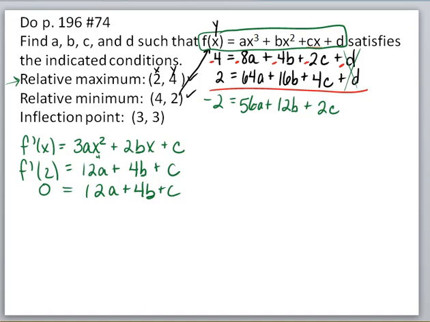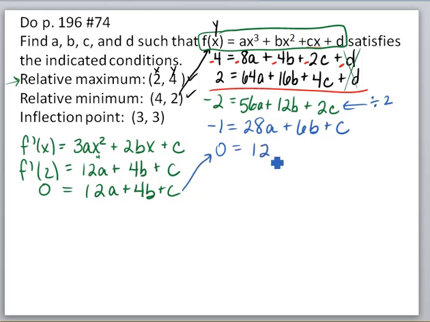To make this a little bit simpler, I don't want these huge numbers. I'm going to change this to be negative 1 equals, so I'm going to divide all this by 2. That would be 28a plus 6b plus c. And I'm going to put these 2 together. So I'm going to move this one up here, and I'm changing colors on you here.